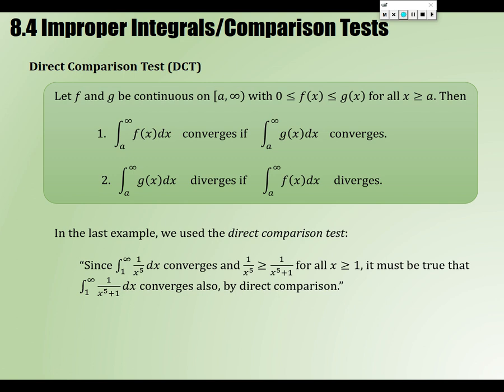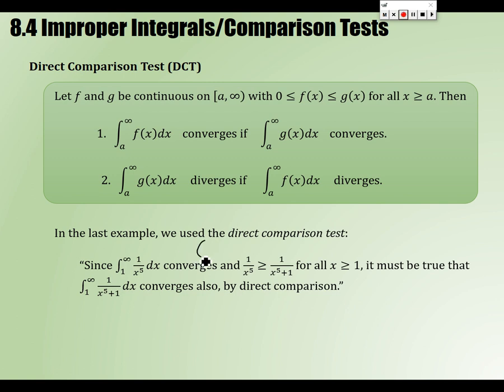We'll come back to this box in a second, but what we've said is, since this converges, and this is greater than or equal to this for all x greater than or equal to 1, then it must be true that this also converges by the direct comparison test. And actually, I might add one more demand in here.